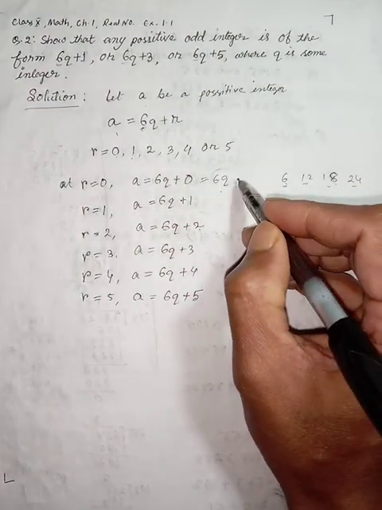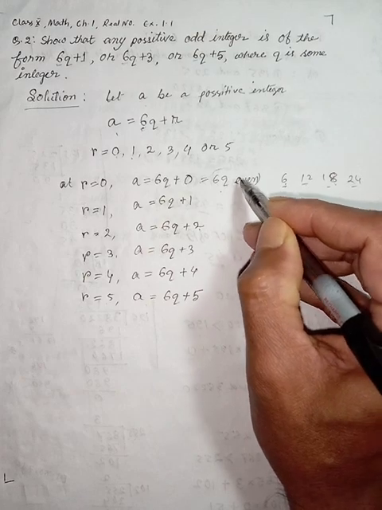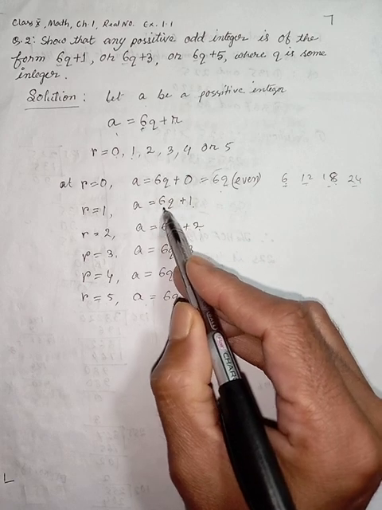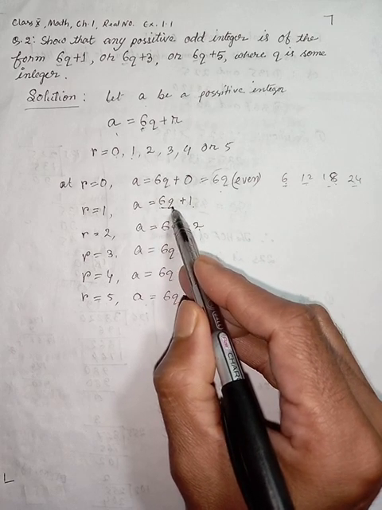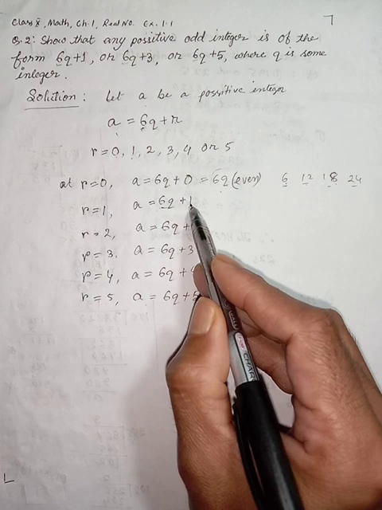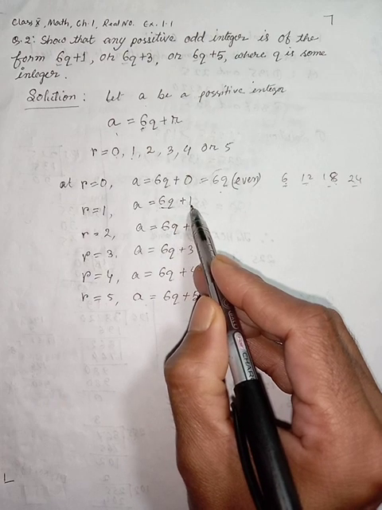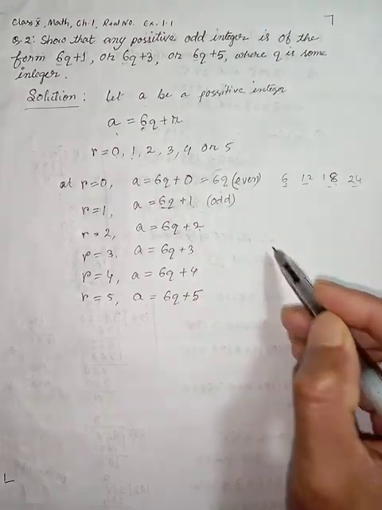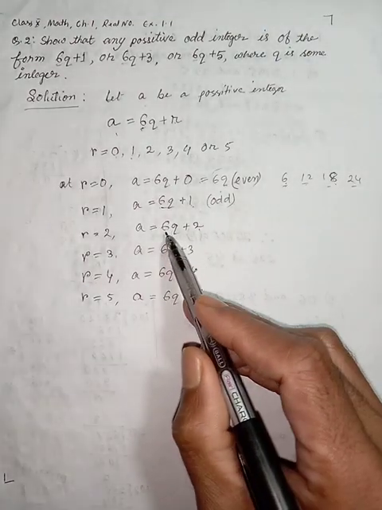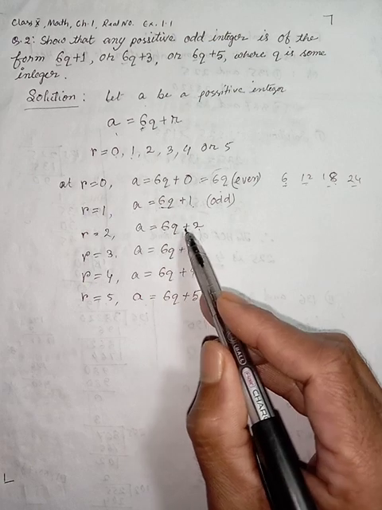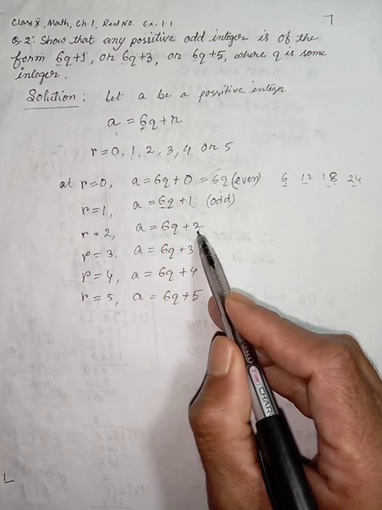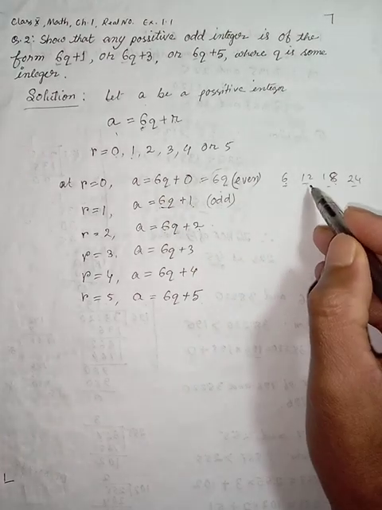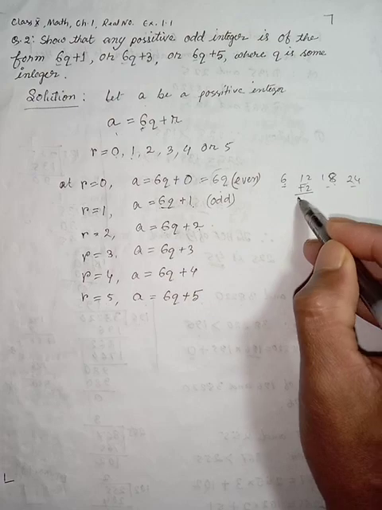What about the next? We know 6q, a multiple of 6, is an even number. When an even number is added by 1, surely it will be an odd number. Here also, 6q is an even number and when it is added by 2, you will get an even number. Any even number added by 2 gives an even number.